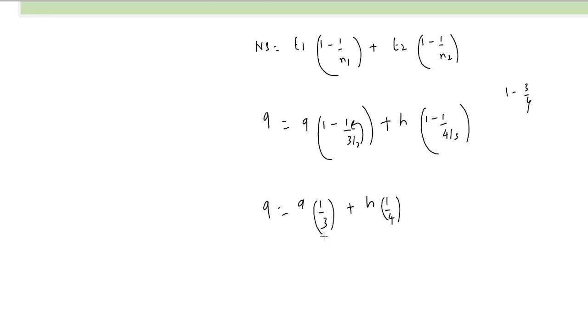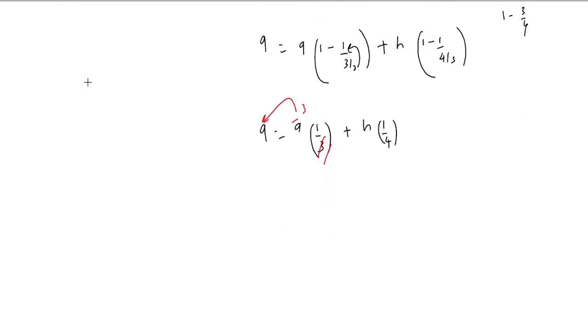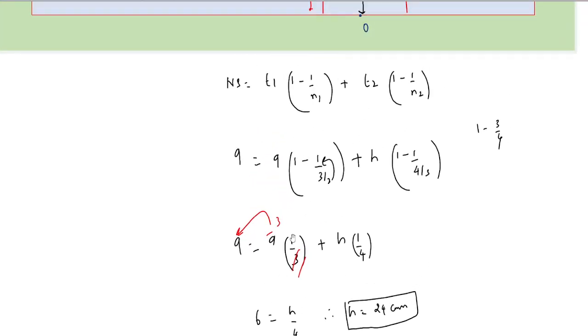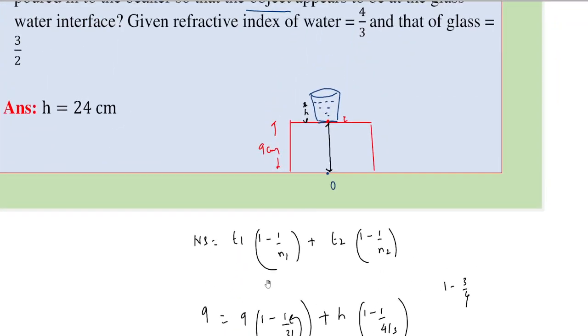From here, 3 ones are 3; if you bring this to the other side it becomes 9 minus 3, which is 6. So 6 is equal to h by 4, therefore h is equal to 24 centimeter. So if water is poured to a height of 24 centimeter, this object would appear at this interface.